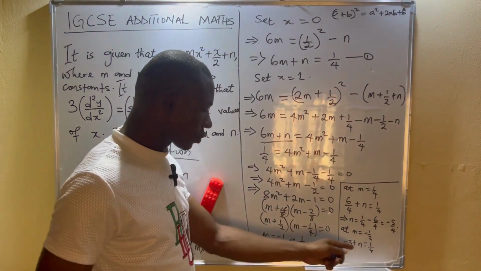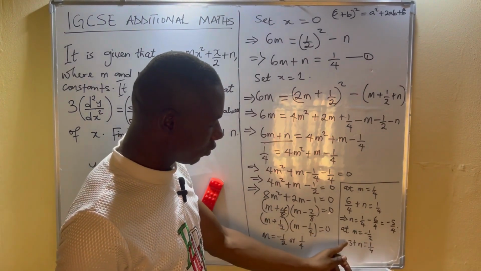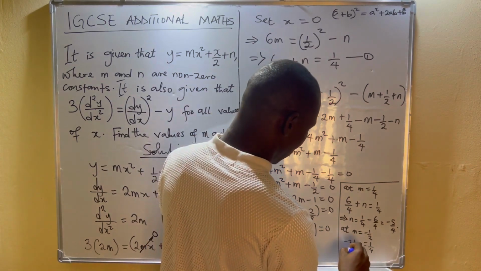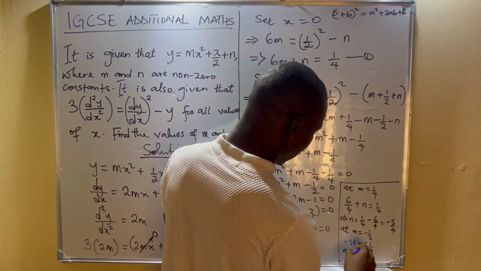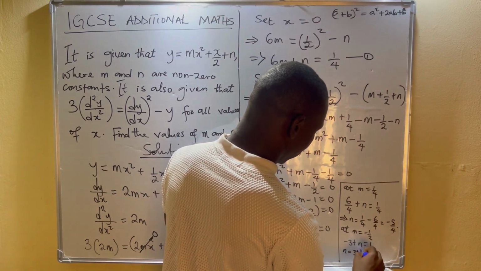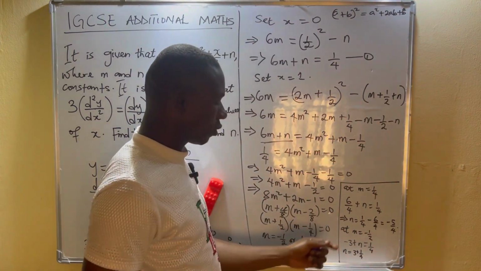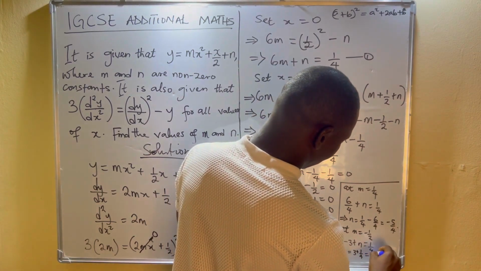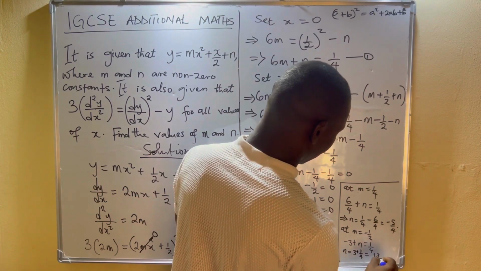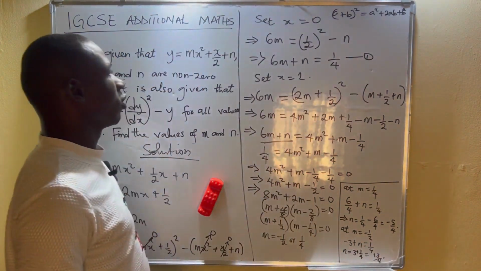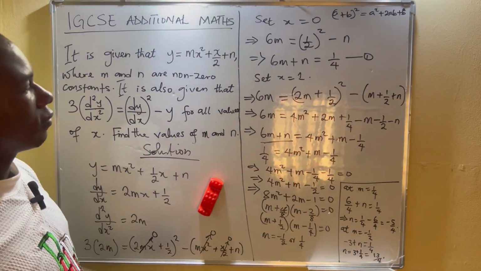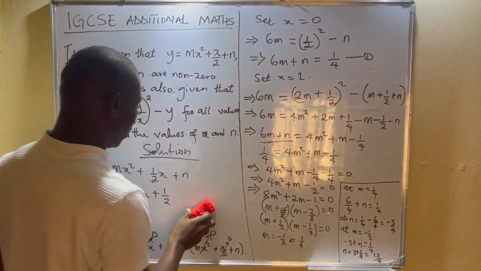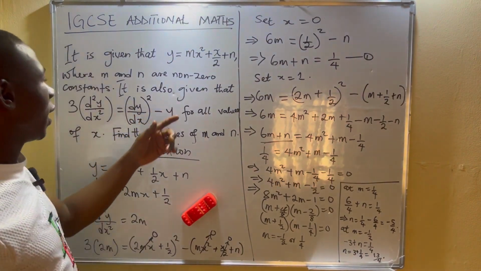Okay, so this n will stand alone. I'll move this minus 3 to the other side. I'll have that n will be equal to 3 plus 1 over 4. So 3 plus 1 over 4 will give us 13 over 4.